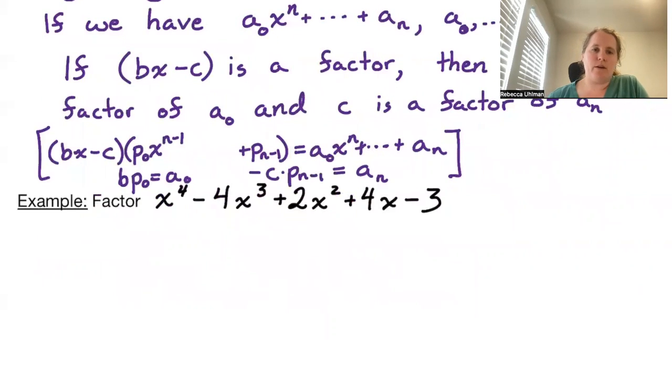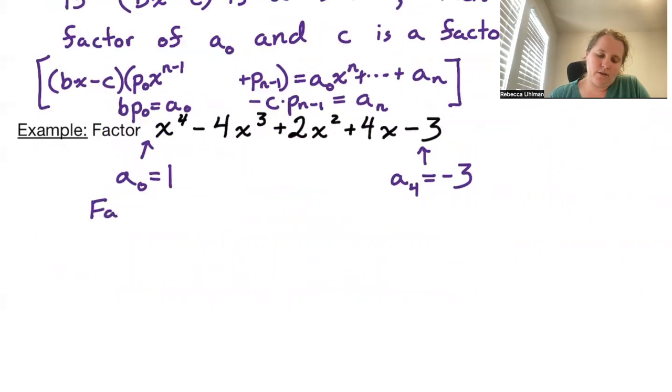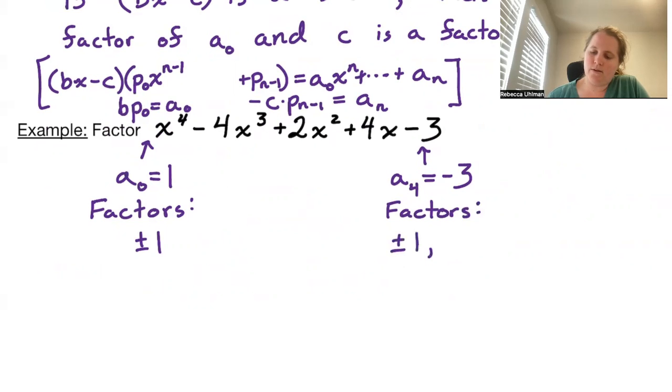And so essentially what we can do is we can just check those possibilities. So here our a naught is 1, and our a sub 4 is negative 3. So the possible factors of 1 are plus or minus 1, and the possible factors of negative 3 are plus or minus 1 and plus or minus 3.